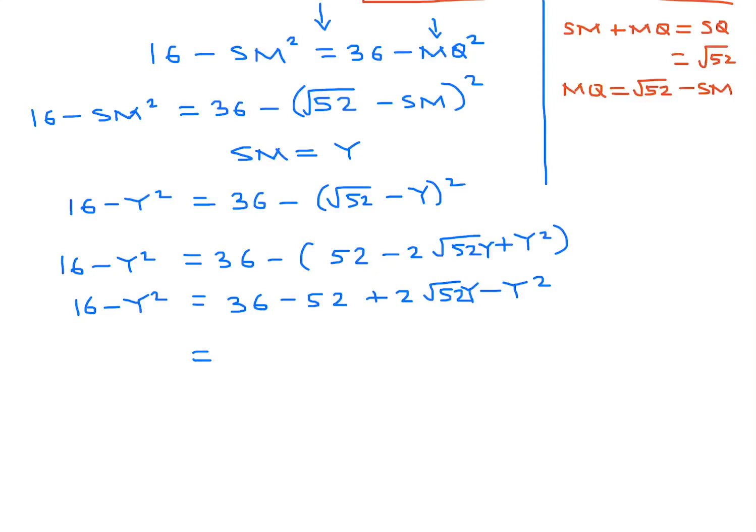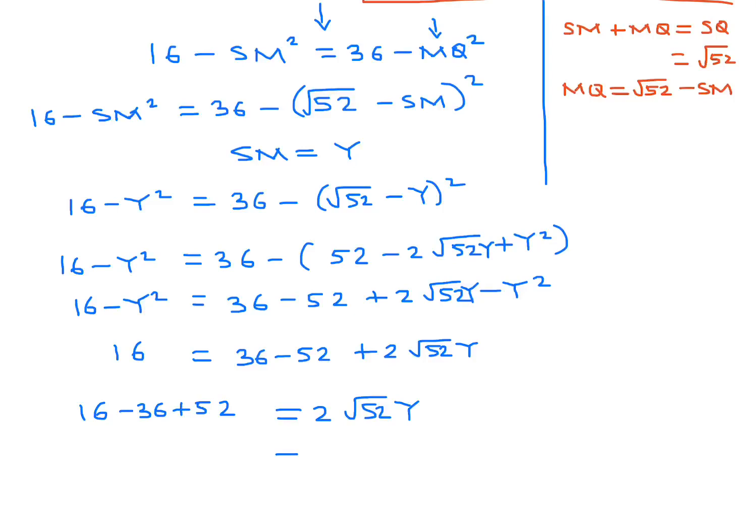All right, so what do we got? 36 minus 52 plus 2 root 52 y. Okay, so we're getting pretty close to solving this. Put everything on one side. 16 minus 36 plus 52.